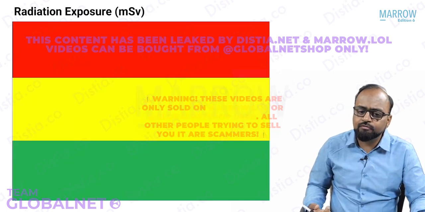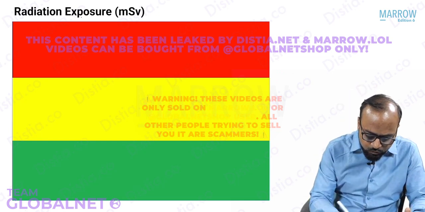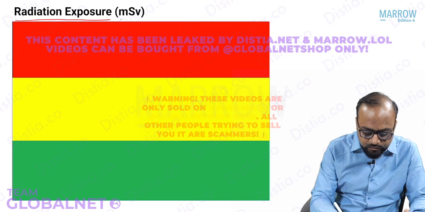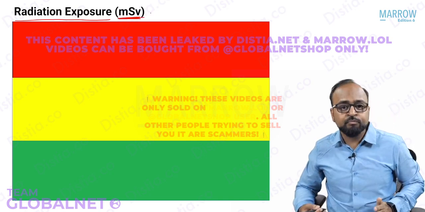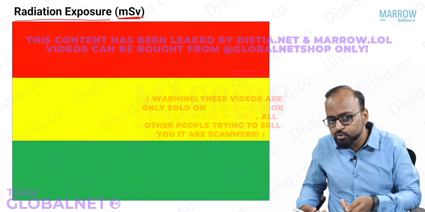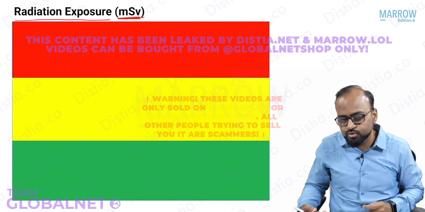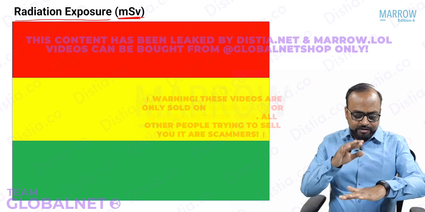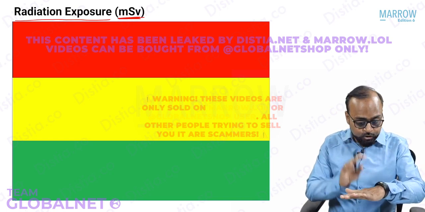Now let us come to another very important topic at your levels: what are the radiation exposures in various modalities? The unit used here is millisieverts. For exposure, we know the unit is Roentgen, but why is it not used here? The unit of absorbed dose equivalent is used because, as I told you, if there's 100 Roentgen of exposure, what is more important is how much of it is absorbed.